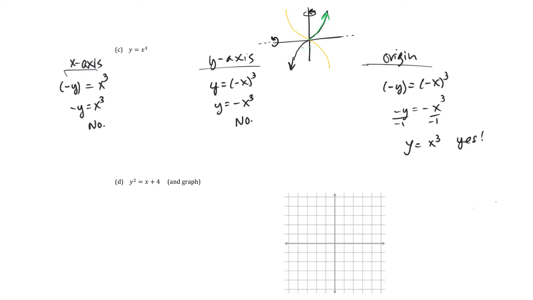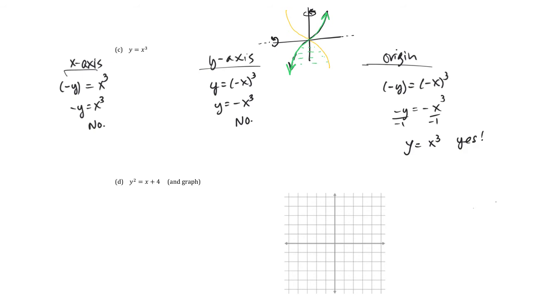Each one of these points would be reflected across the y-axis, so it would end up over here. Okay, so with those two reflections, we end up right back where we started. And that's what it means to be reflected about the origin.